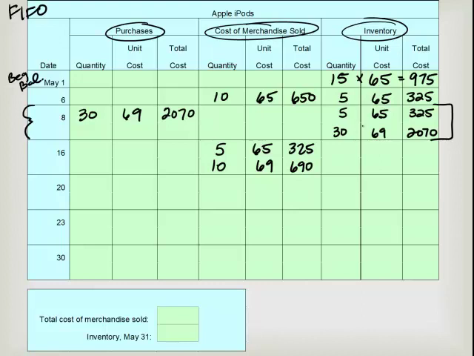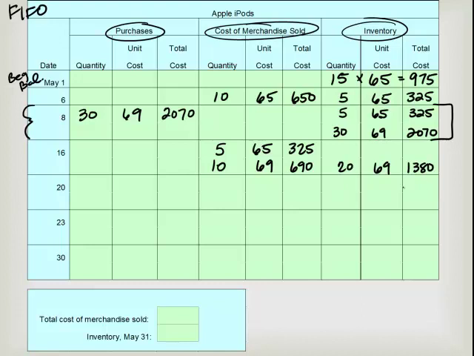That leaves us with 20 of the $69 units, which is $1,380. We took first in, first out. We took the 65 cost items first. When all of those were gone, we dipped into the $69 items and sold 10 of those, which leaves 20. So our ending inventory column shows 20 $69 units for a total cost of $1,380.